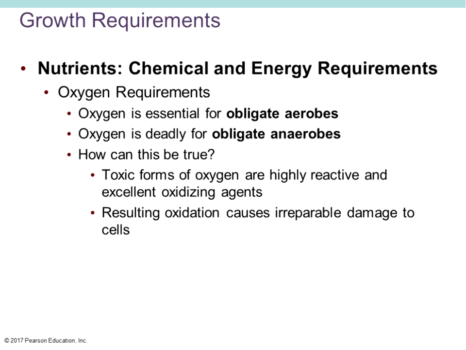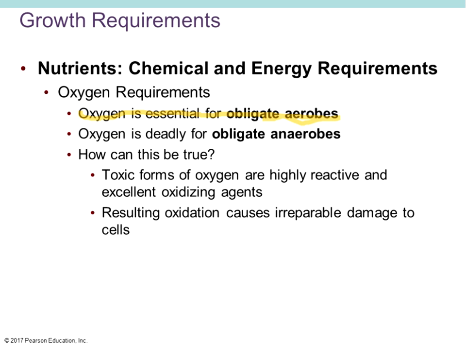So oxygen is essential, which means that it absolutely has to be present for obligate aerobes. If you're obligated to do something, you absolutely have to do it. If you're an aerobe, you have to use oxygen. For some organisms, oxygen can actually be quite toxic, because unless you have the enzymes necessary to deal with oxygen in its singlet form, it can be toxic for you.